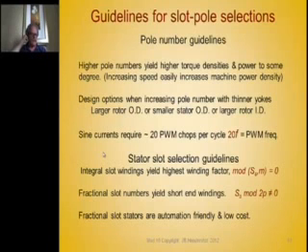So one of the things that we must remember, when you're playing around with the number of poles, is you have to deal with the effects of the change in frequency. And if you double the number of poles, you double the commutation frequency.